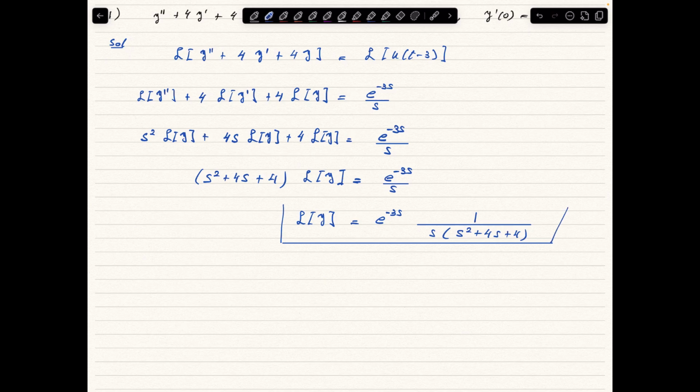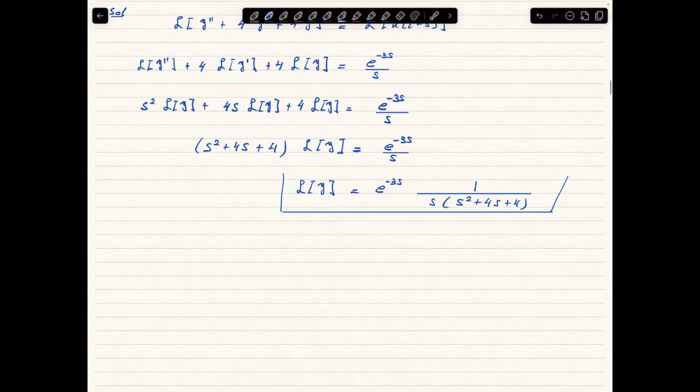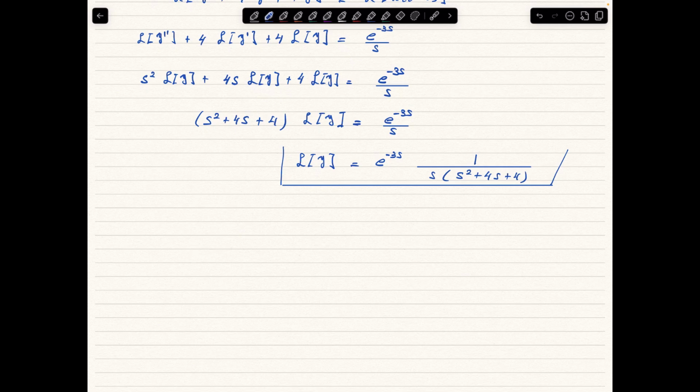Alright, as we did in the previous problem, whatever we do now depends on the zeros here. So let's find the zeros of the characteristic polynomial. S squared plus 4s plus 4 equals 0. That means s plus minus is going to be 1/2 of negative 4 plus minus the square root of 4 squared minus 4 times 4. That's the formula, and what do we see?